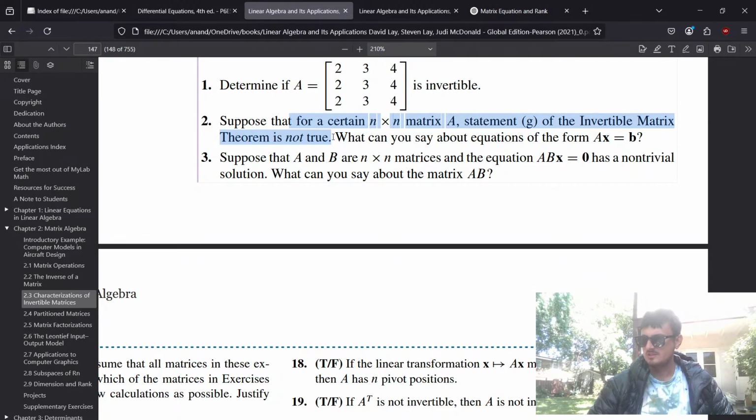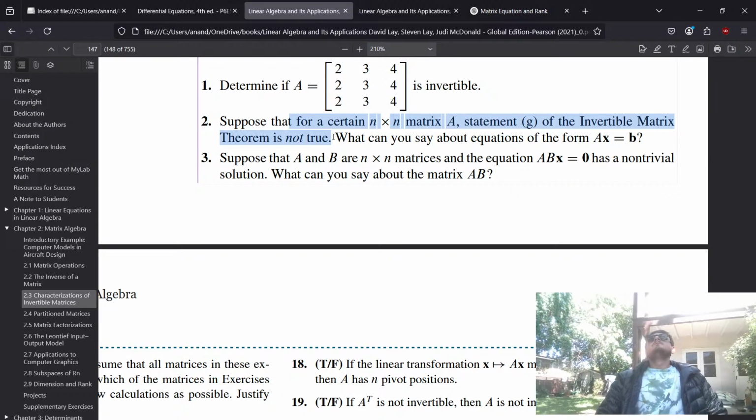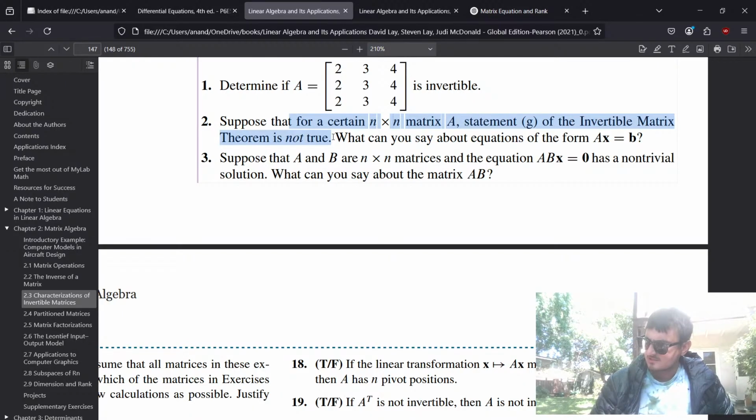And that means that there is some B with no solution for X. I'm pretty sure that that means, I would just say that A doesn't span the dimension of B.